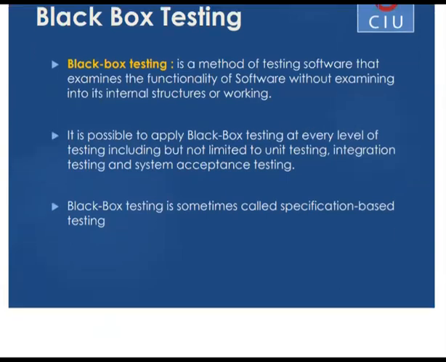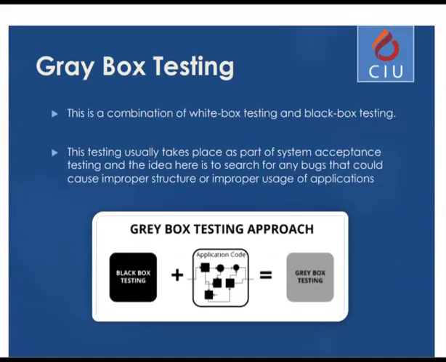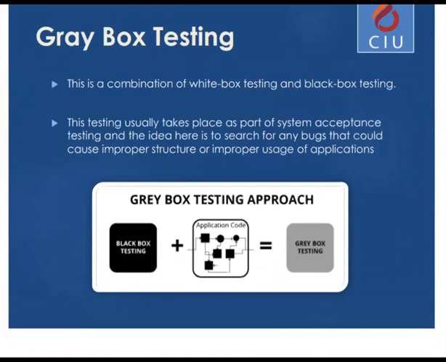There's also something called grey box testing, which is the combination of white box and black box testing. This testing usually takes place as part of the system acceptance testing. The idea here is to search for any bugs that could cause improper structure or improper use of applications. So this is like the refinement, the optimization.